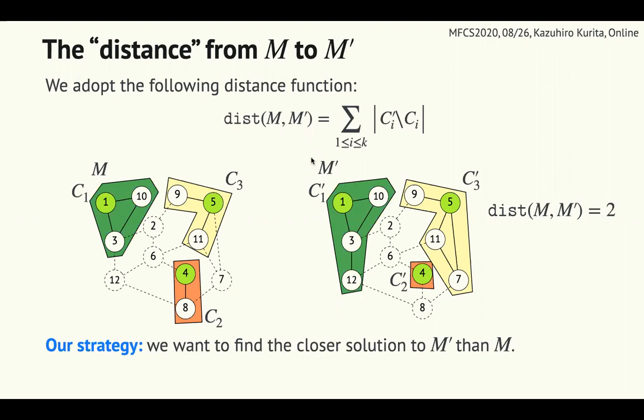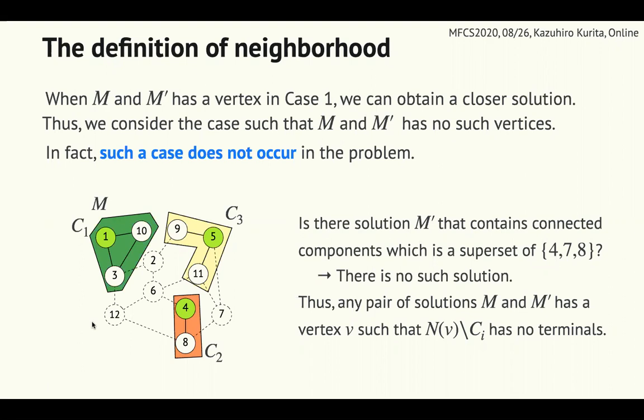Next, we consider how to find the closer solution. Next, we define the neighborhood. The definition of neighborhood is completely the same as the case of the minimal node merge cut enumeration. However, in the minimal node merge way cut enumeration, there is no pair of solutions which satisfies case 2.